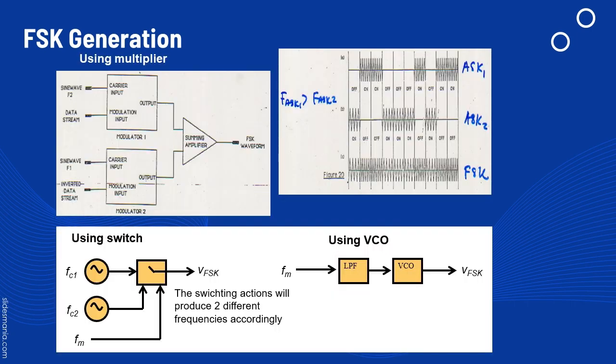For FSK generation or transmission, they use three methods. At first, it's using the multiplier. Second, by using a switch, and third is by using a VCO. VCO means voltage controlled oscillator.